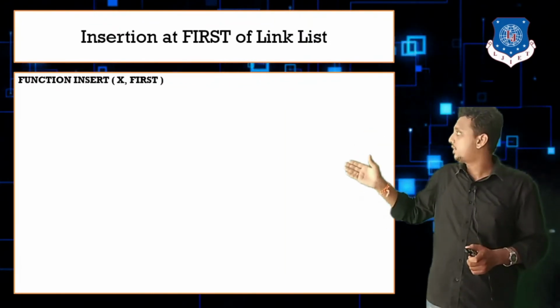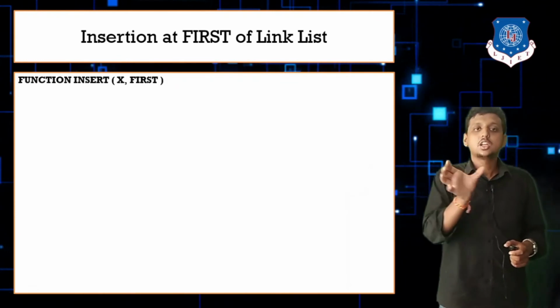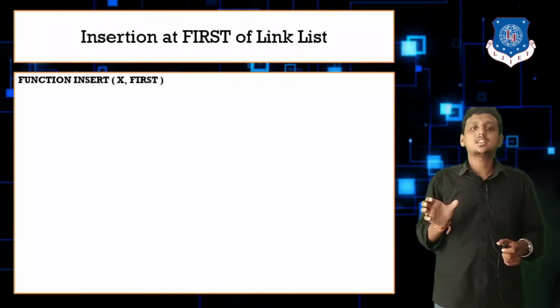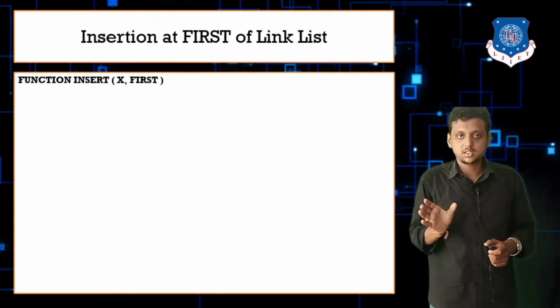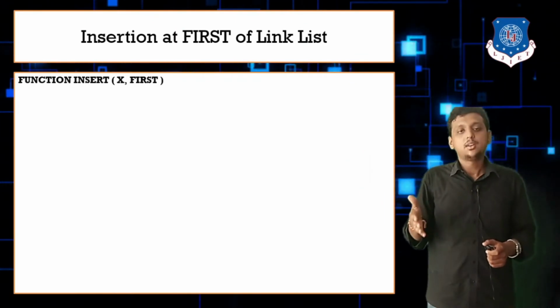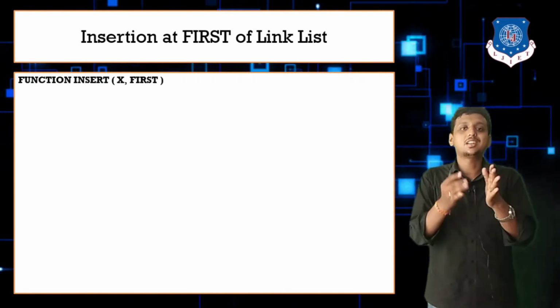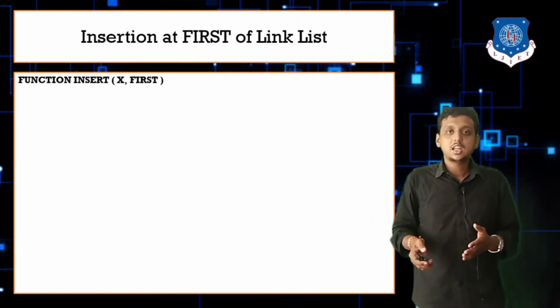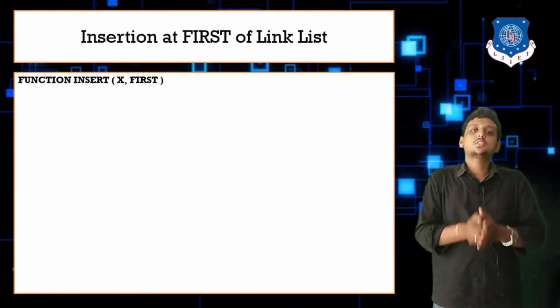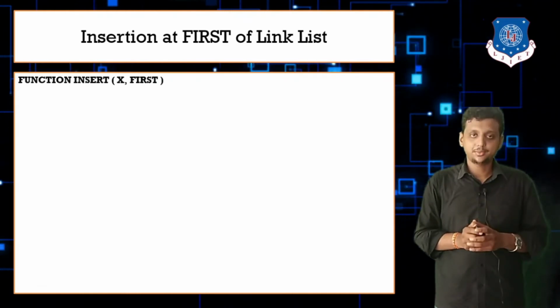That's why it is a function. Insert first shows that we are going to insert at the first of the linked list, in the beginning of the linked list. Fine. X is the element which is going to be inserted as data in our linked list, and first shows the value of the first pointer.